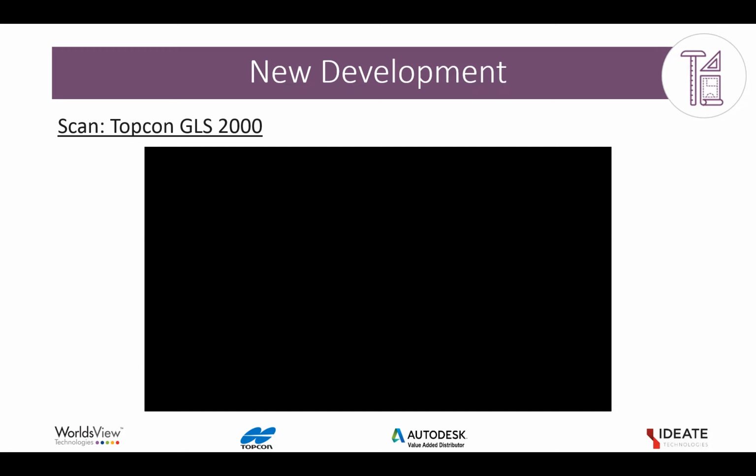This laser scan technology can be used for other kinds of projects besides buildings. We are just trying here to promote the building part because it is a vertical complex building segment.